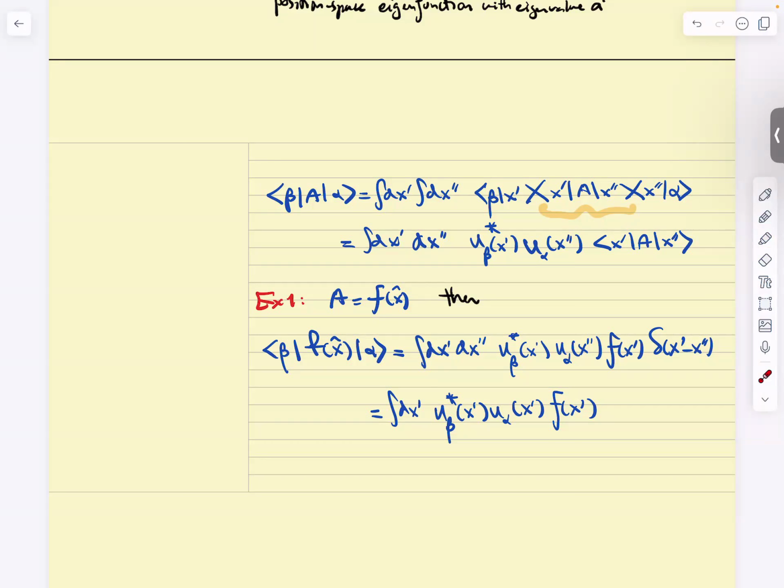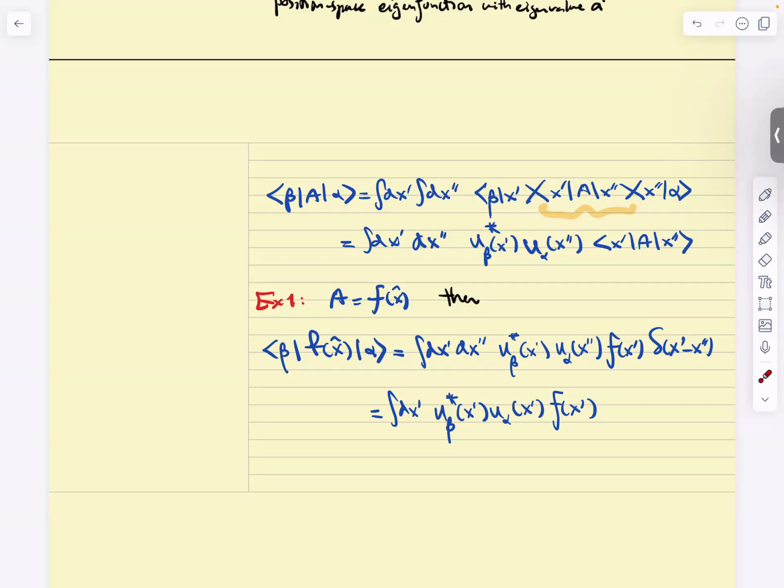It's actually a good exercise when you write these expressions in your homework or reading the book. Find a term and try to say out loud, what does it represent? What is this thing, right? So x prime, A, x double prime is the matrix elements of the observable A in the position eigenbasis.